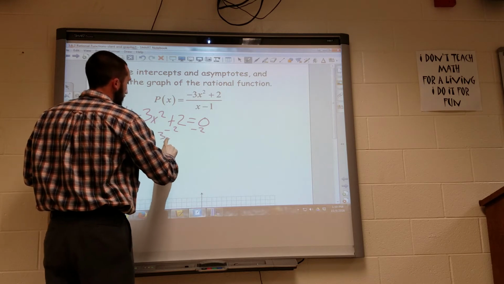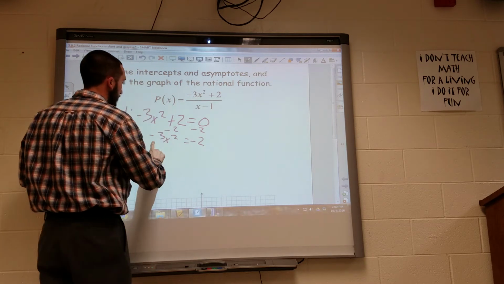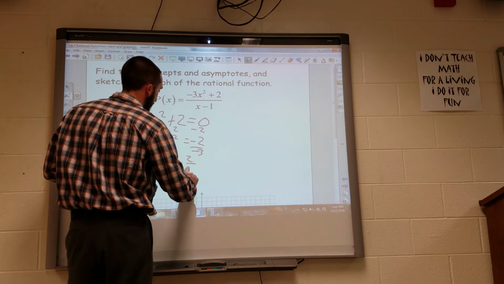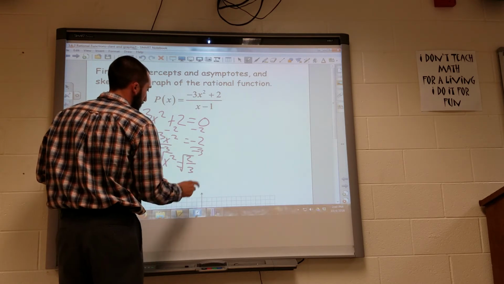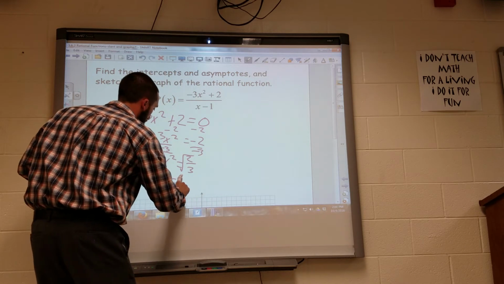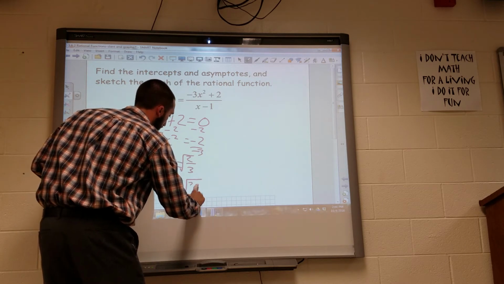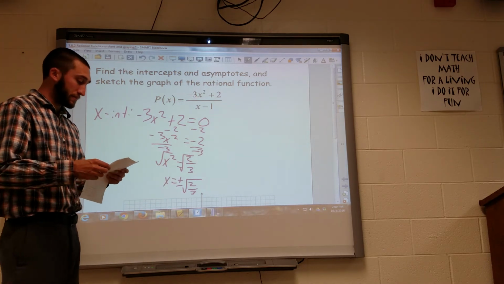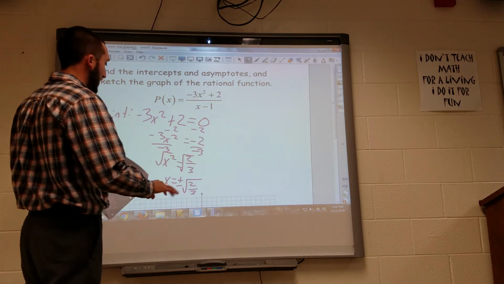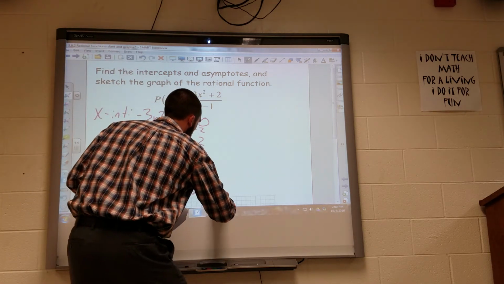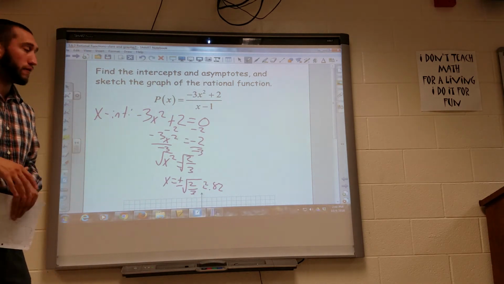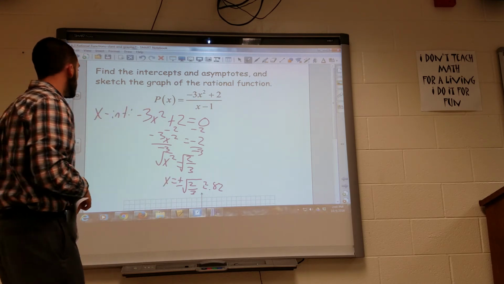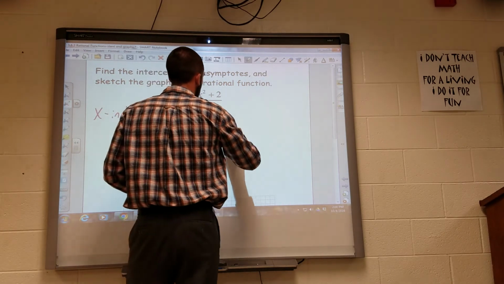I get negative 3x squared equals negative 2, divided by negative 3, x squared equals 2/3, and the square root means we get x equal to plus or minus square root 2/3. Okay, so those are going to be our x-intercepts, and that's about 0.82 to get you an idea of what square root 2/3 looks like. It's about 0.82.